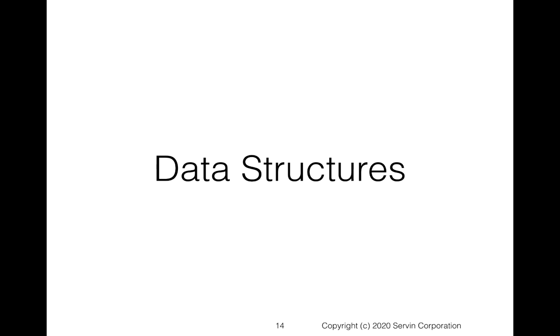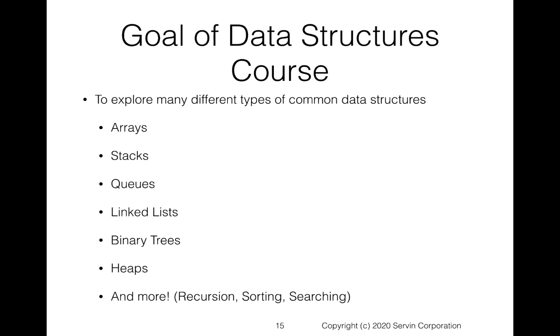So data structures, here we are. The goal is to explore many different types of common data structures. Now, as you can imagine, there's all kinds of data structures, but there's some that you come into all the time, and here's the list. Arrays, stacks, queues, linked lists, binary trees, and heaps.